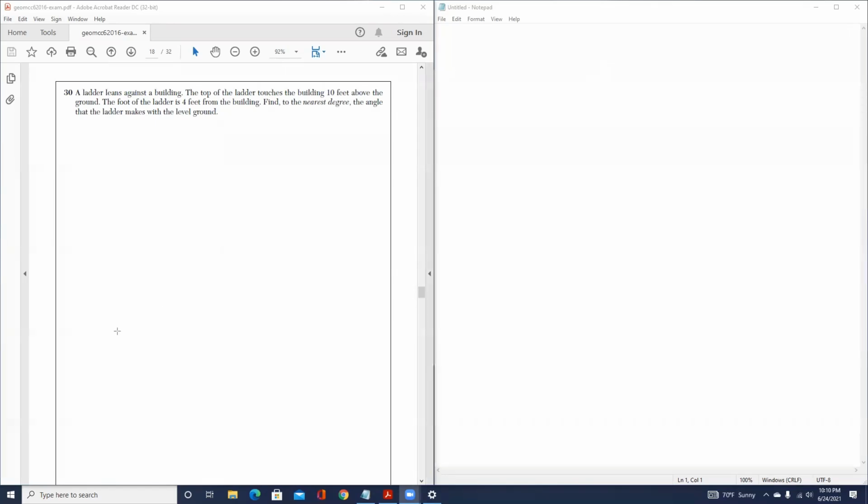So let's draw this again, using a triangle. This is a classic trig setup. We know that the top of the ladder touches the building 10 feet above the ground, so this is 10 feet. The foot of the ladder is 4 feet from the building. This is obviously not to scale, I'm just making it easy to draw.